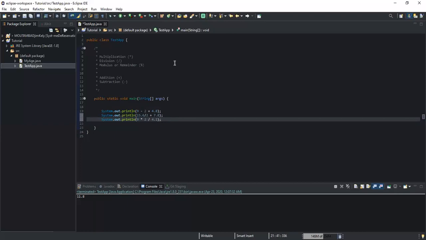If I just run it, you will see the result I'm getting. These are all floating point numbers.